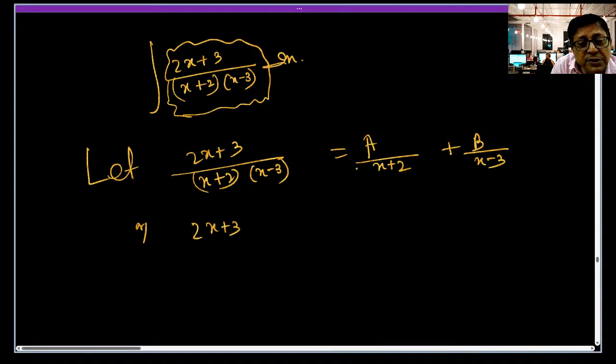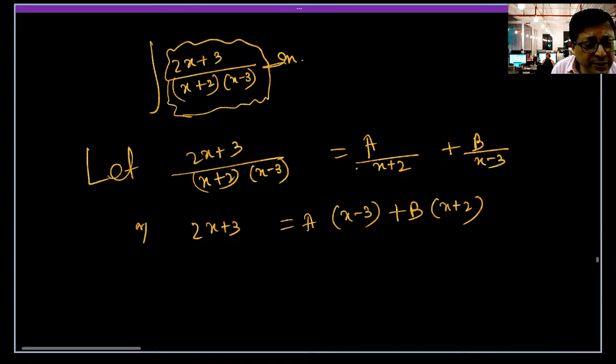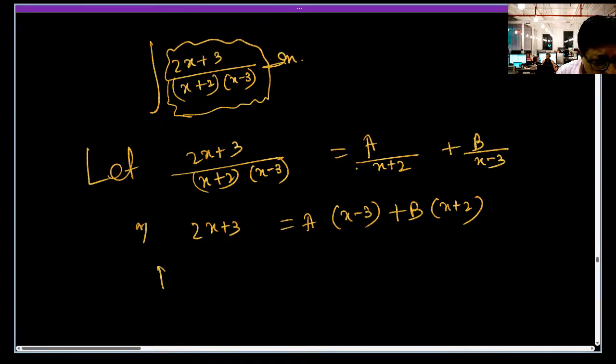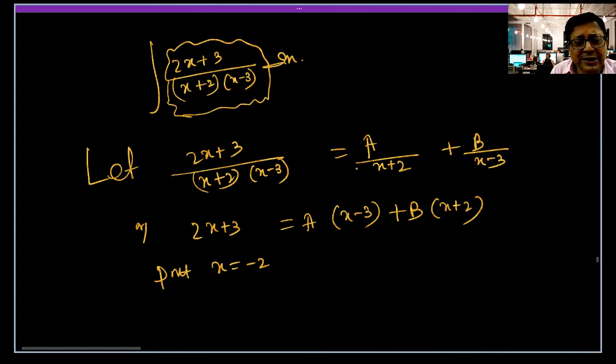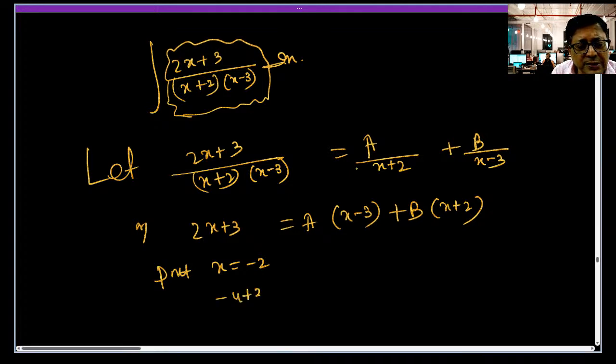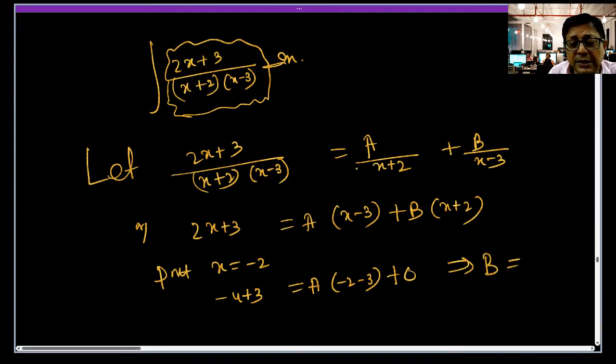You do cross multiply with this term. You write a into ... now you have to get a and b. To get a and b, put x equal to minus 2, it is minus 4 plus 3. This way it is going to be 0, so b equal to minus 1 by minus 5, that is 1 by 5.